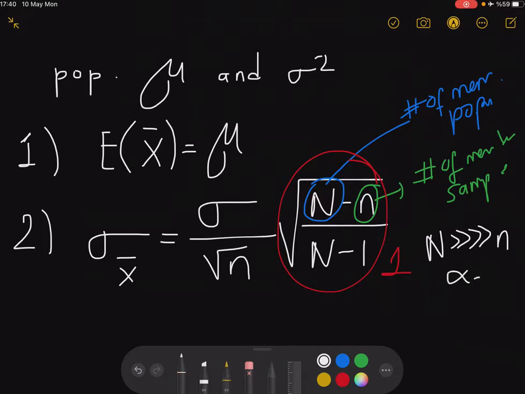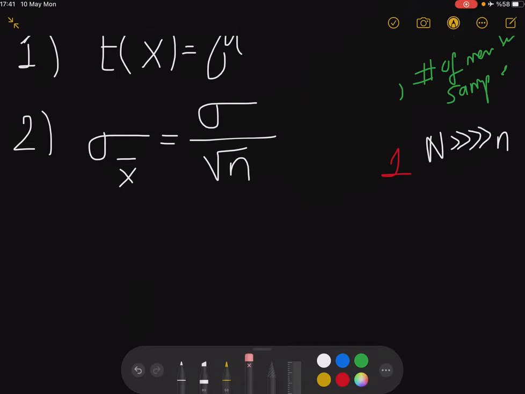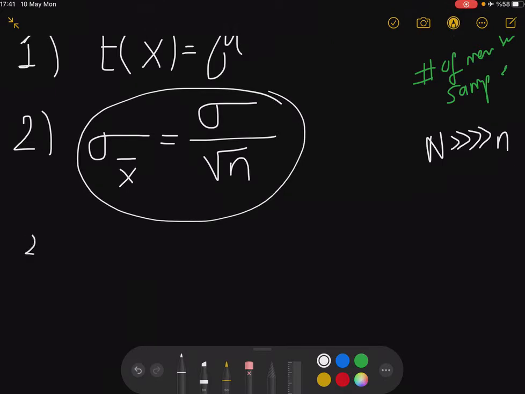Because it's infinity minus n over infinity minus 1 or something like this. You can reduce it to 1. That's the idea. So this one will disappear, and you will be left with only this one. This is another conclusion that can be drawn.